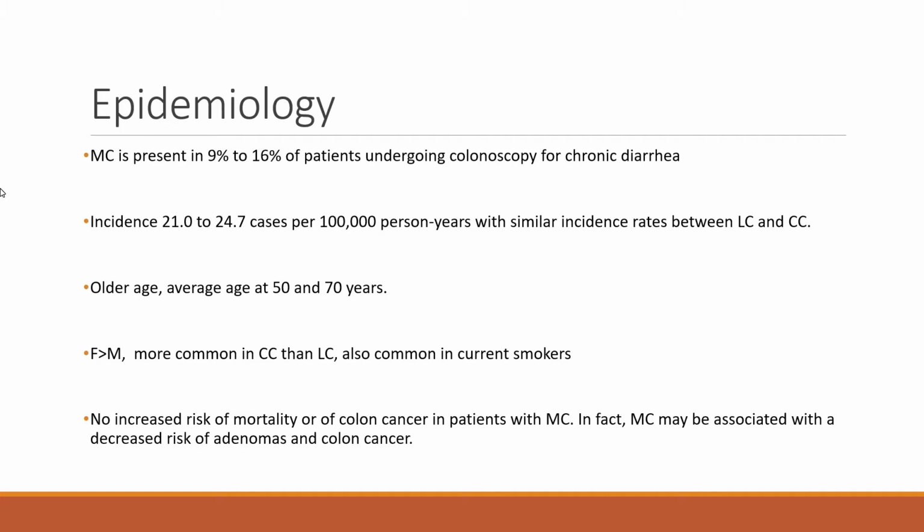The earlier studies have shown 21 to 24 cases, but in Europe, they say the incidence is approximately 11 per 100,000 patients. It's more common in females as compared to males, and this sex predilection is more defined for collagenous colitis than lymphocytic colitis. It's also more common in current smokers.